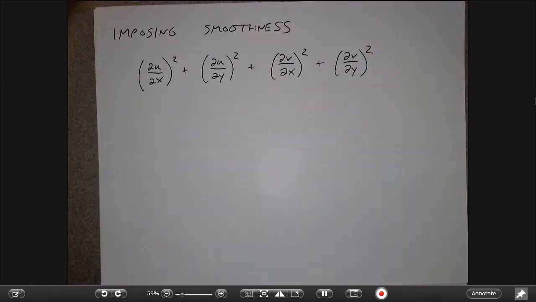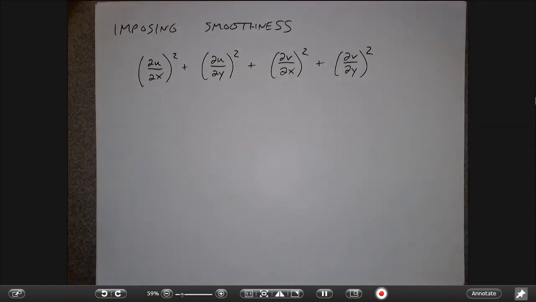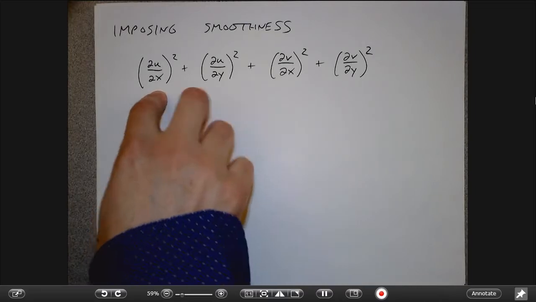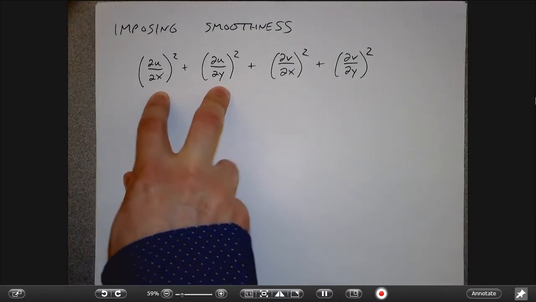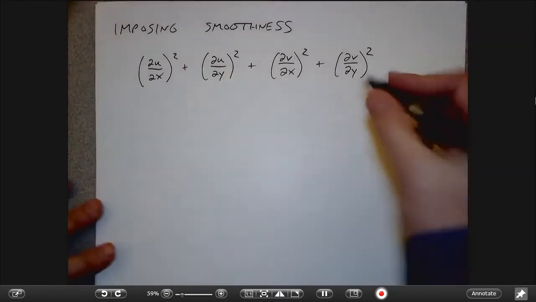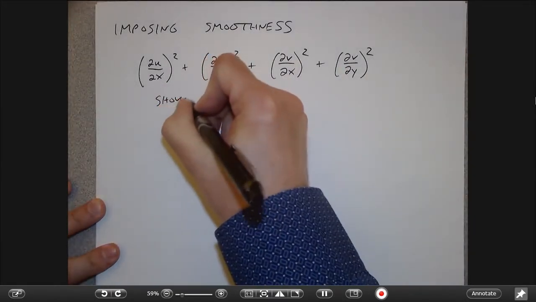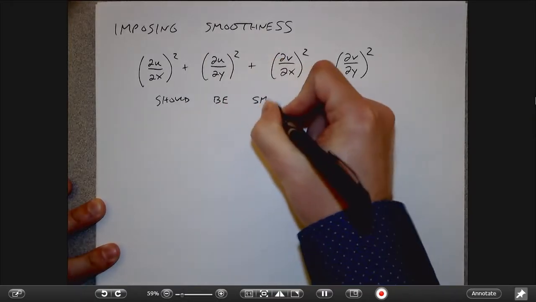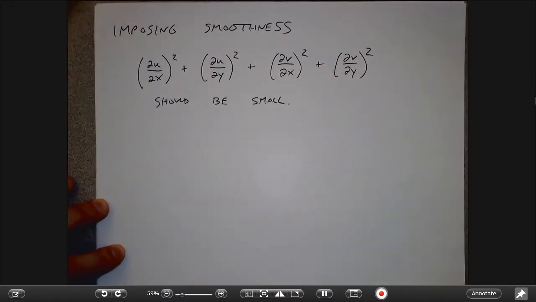What I'm estimating for optical flow is, for every pixel, a UV direction, right? So it's like saying I have a vector field over the domain of the image. And this is saying: what is the change in the U values in X and the change in the U values in Y, and the same for V. The idea is I want this to be small.